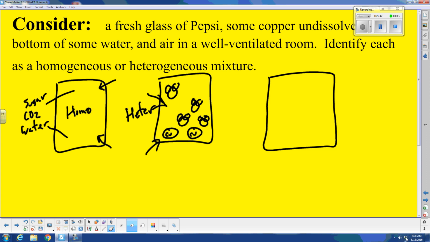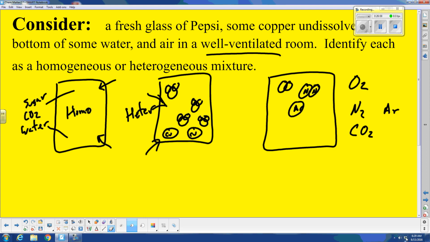And air in a well-ventilated room. Well-ventilated means what? Well mixed. That means air is primarily what? Oxygen and nitrogen. That's essentially what air is. You've got some carbon dioxide maybe in there and maybe a little argon. But if it says it's well ventilated, that means it's mixed up real well, meaning up at the top, I should find some oxygen and some nitrogen and maybe some argon.